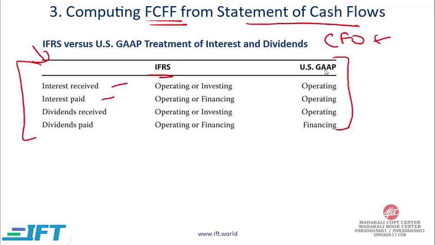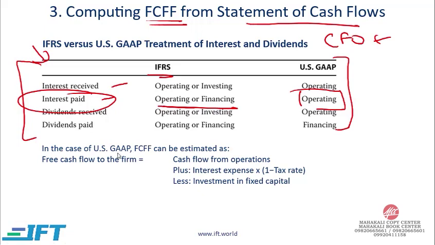If you take interest expense or interest paid, under US GAAP, that shows up as an operating cash flow. In IFRS, the interest paid could either be operating or financing. This particular reading largely takes a US GAAP perspective, but you obviously need to understand both the treatment under IFRS and US GAAP. For starters, let's take US GAAP.